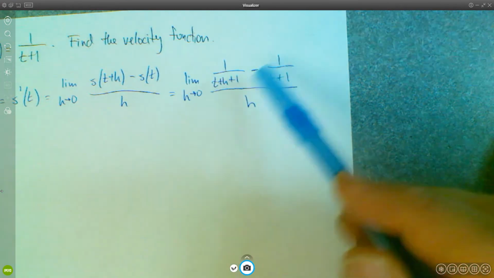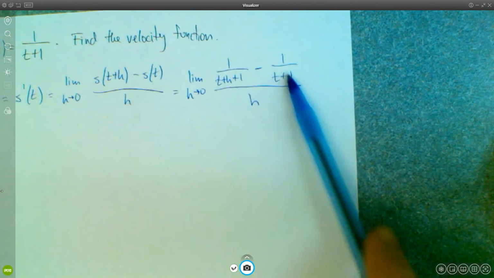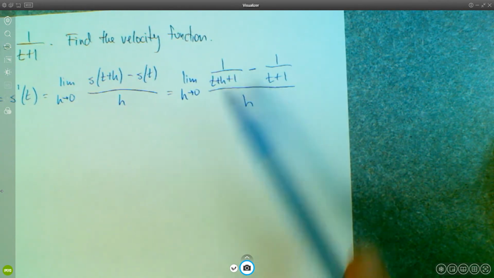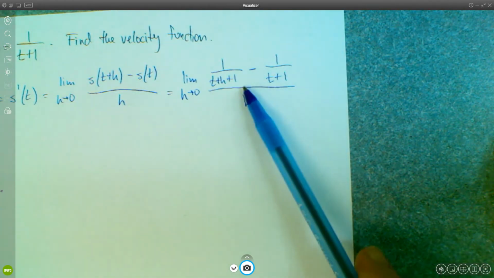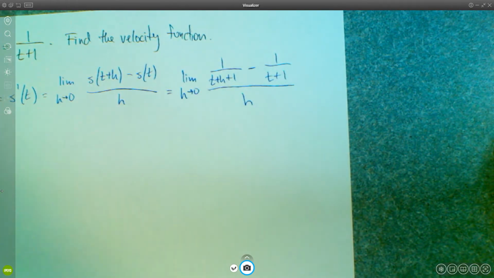Now, the trick with these ones, whenever you've got a rational expression, is to rewrite the numerator as a single rational expression. In order to do that, I need a common denominator, and the common denominator is going to be t plus h plus 1 times t plus 1.